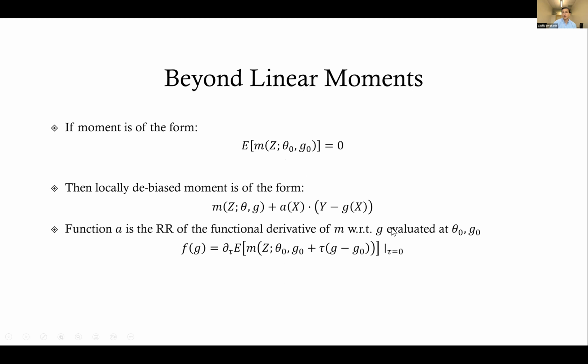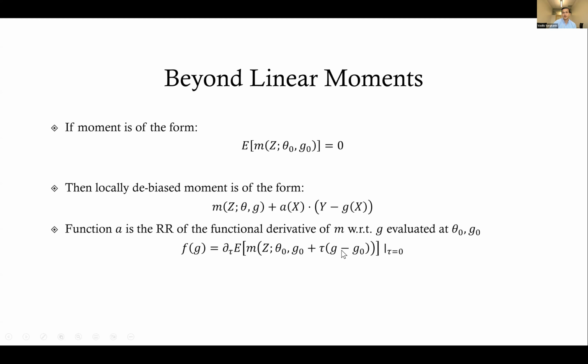But here the estimation approach is slightly more complicated. You need to estimate the Riesz representer not of the nonlinear functional that you have over there, but instead you first need to linearize that nonlinear functional around some estimate of G. In fact, your goal is to estimate the Riesz representer of the directional derivative, evaluated at G naught, of that nonlinear functional.